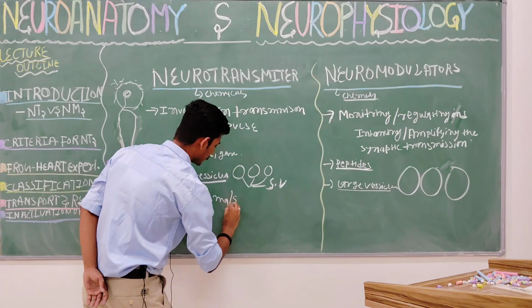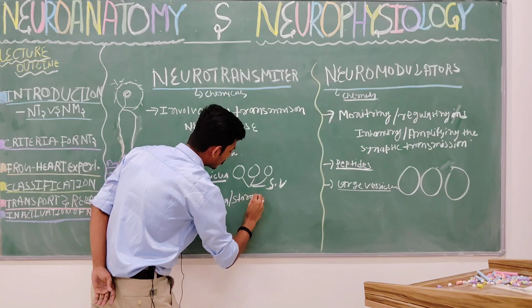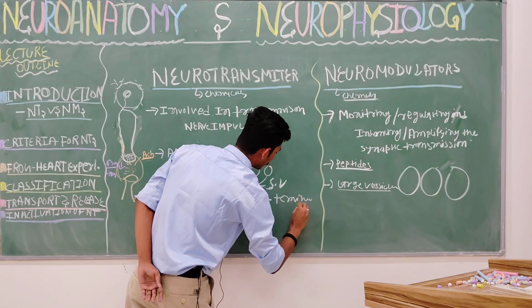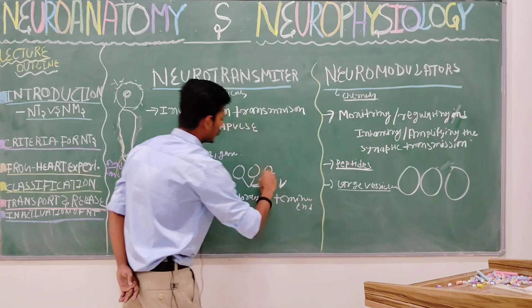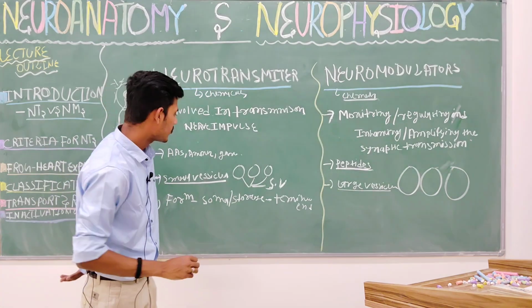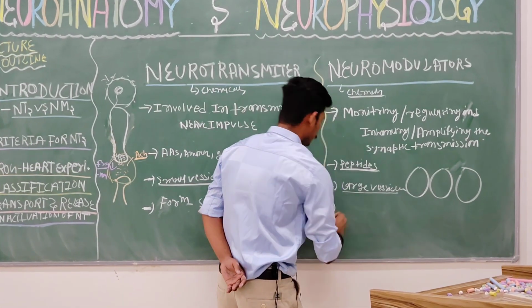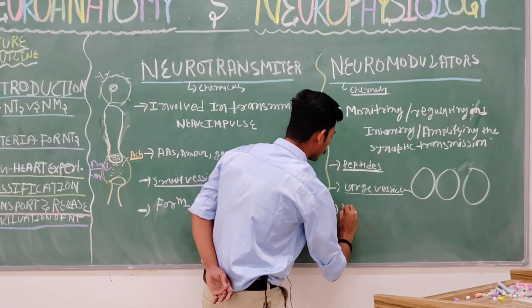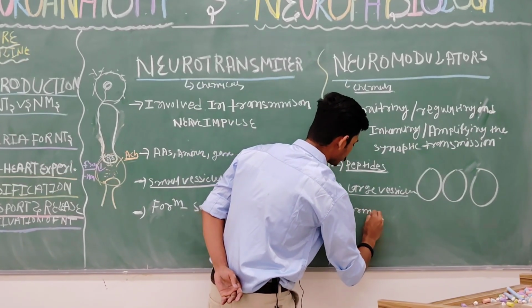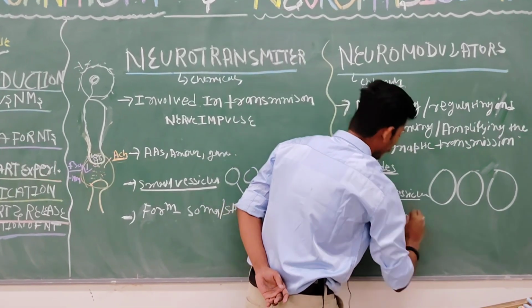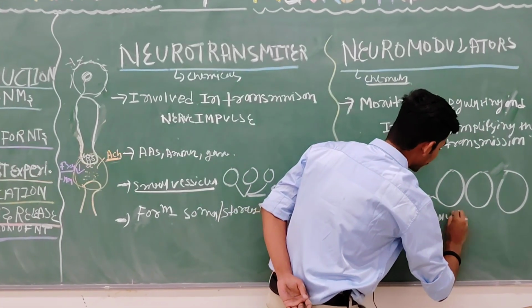Fine. The storage of neurotransmitter is in the terminal end of the neurons, in the small vesicles that we refer to as synaptic vesicles. Whereas neuromodulators are formed first of all anywhere in the neuron, so you can write down: any place inside the neuron.